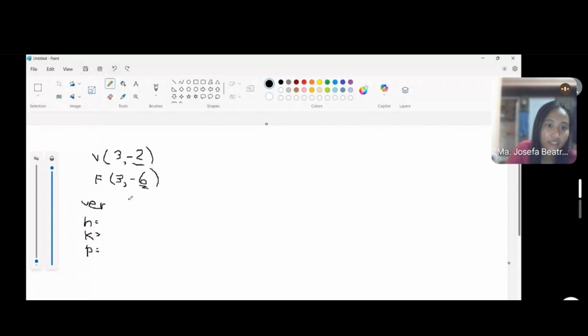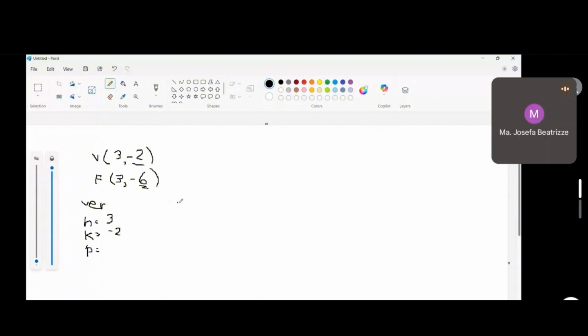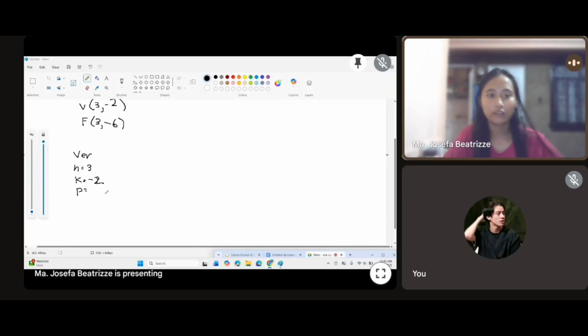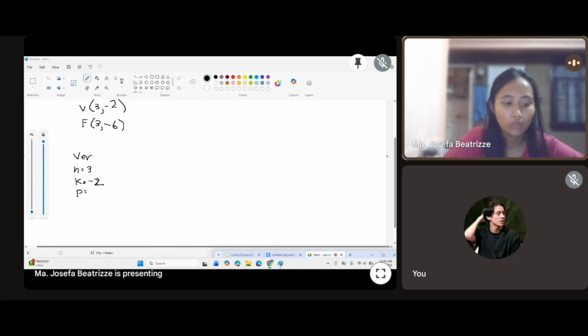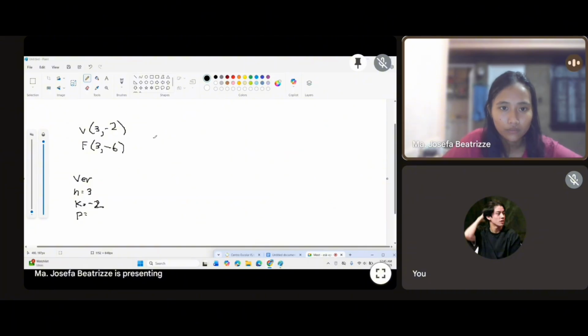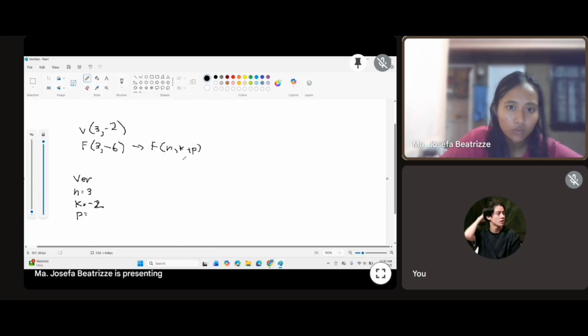So for our h, that would be 3. And then k, let's just copy them, -2. And then for our p, to be able to identify it, let's try to use our focus. So the formula of focus is F (h, k plus p).